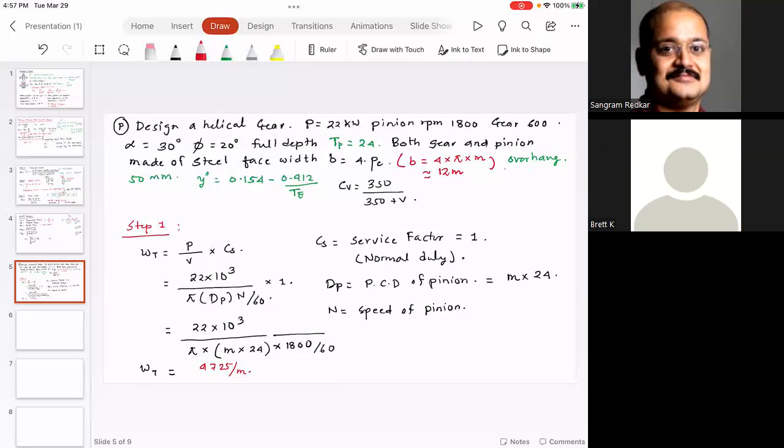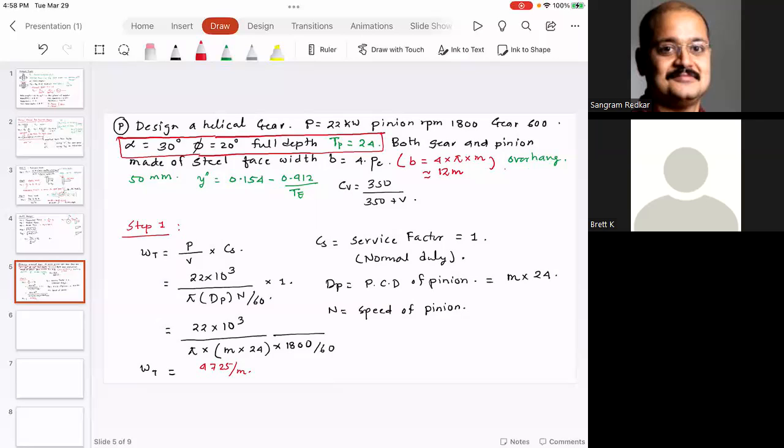So please note, in this particular problem, they have specified the helix angle, the pressure angle, and the number of teeth. So this information is already given to us.